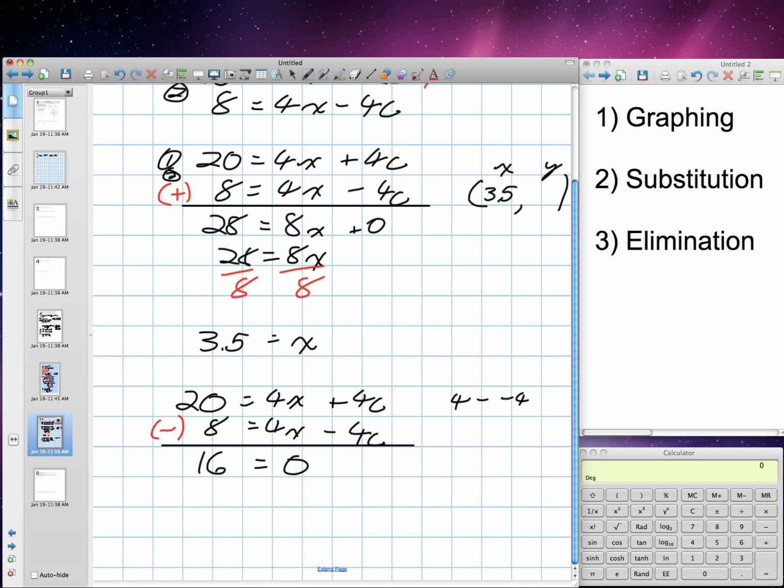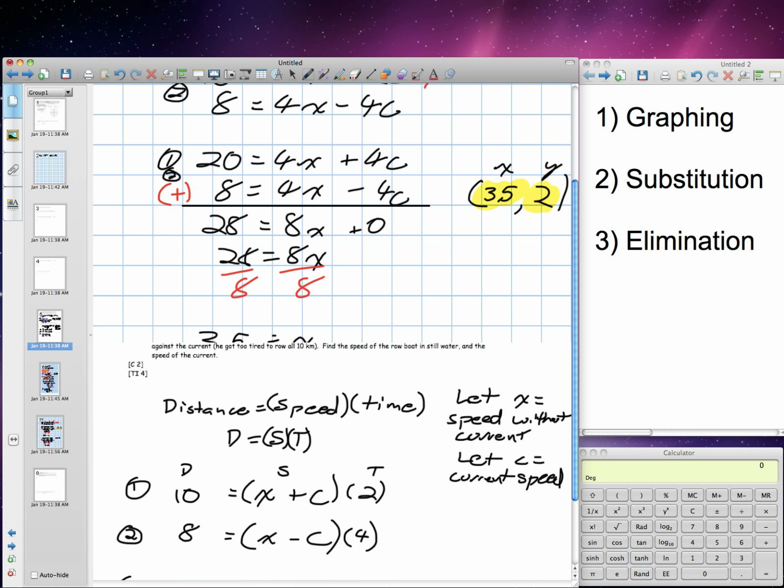And 4 subtract negative 4 is positive 8c. We isolate for c. The speed of the current is 2 kilometers an hour. The speed of the boat is 3.5 kilometers an hour in this question.